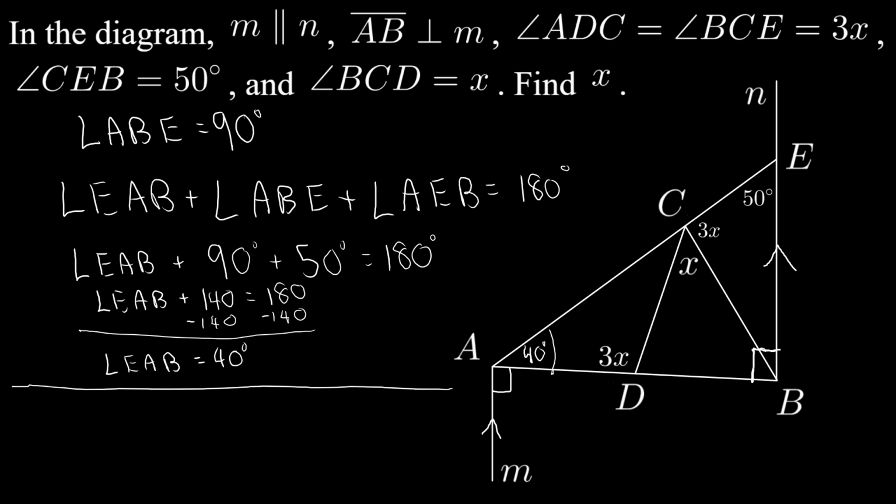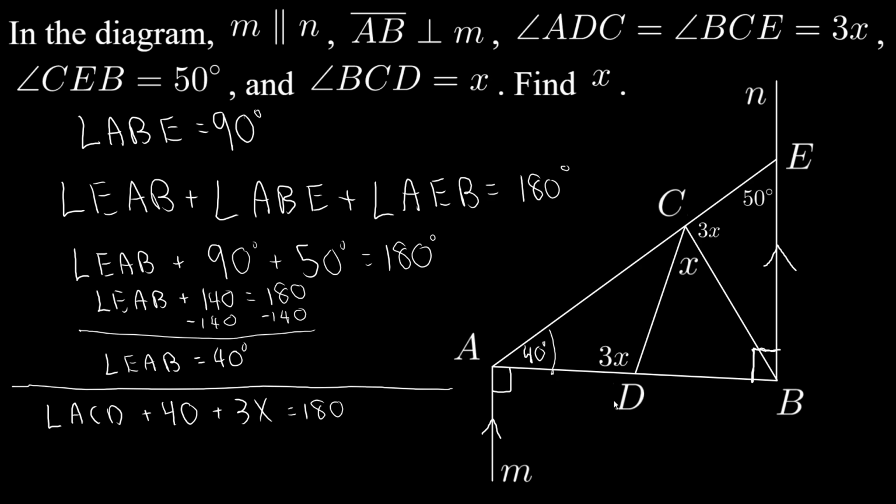Because again, the three angles of a triangle must add up to 180 degrees. So again, look at triangle ACD, add up those three angles, set it equal to 180. So that's angle ACD plus this 40-degree angle plus 3x is equal to 180 degrees.